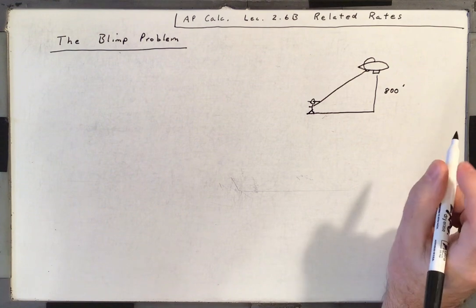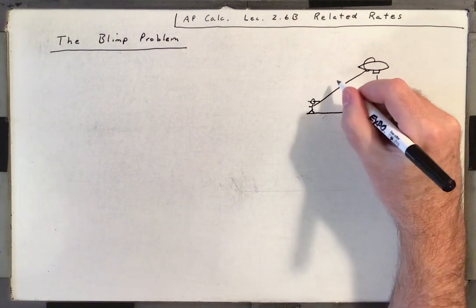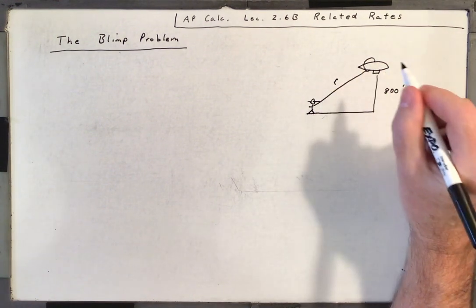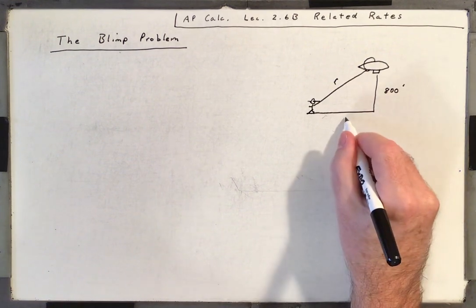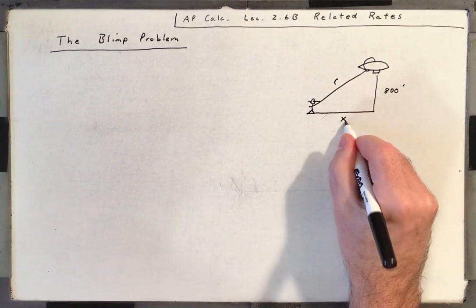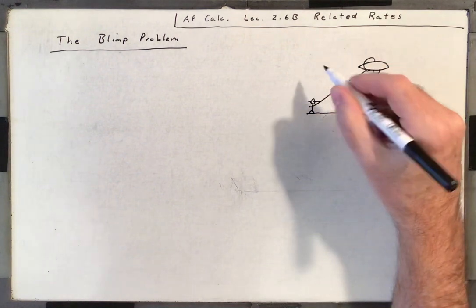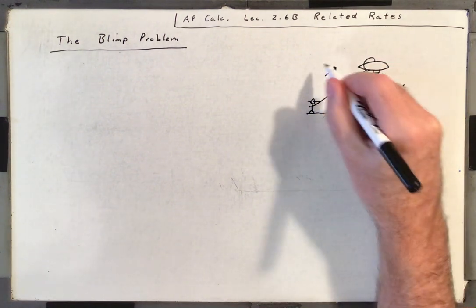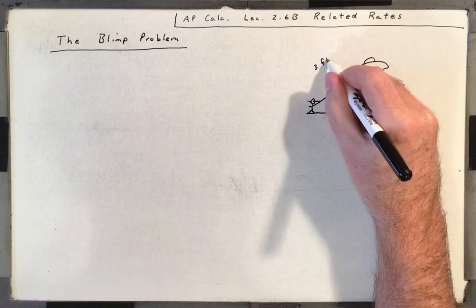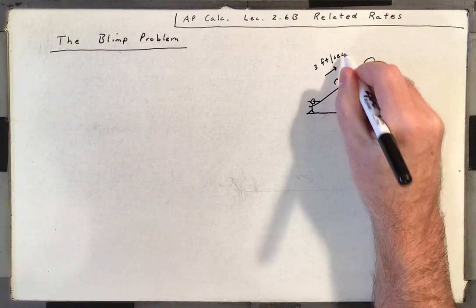Okay, something like that. And we'll call this R for rope. And we can call this distance X. So the rope is being let out at 3 feet per second.